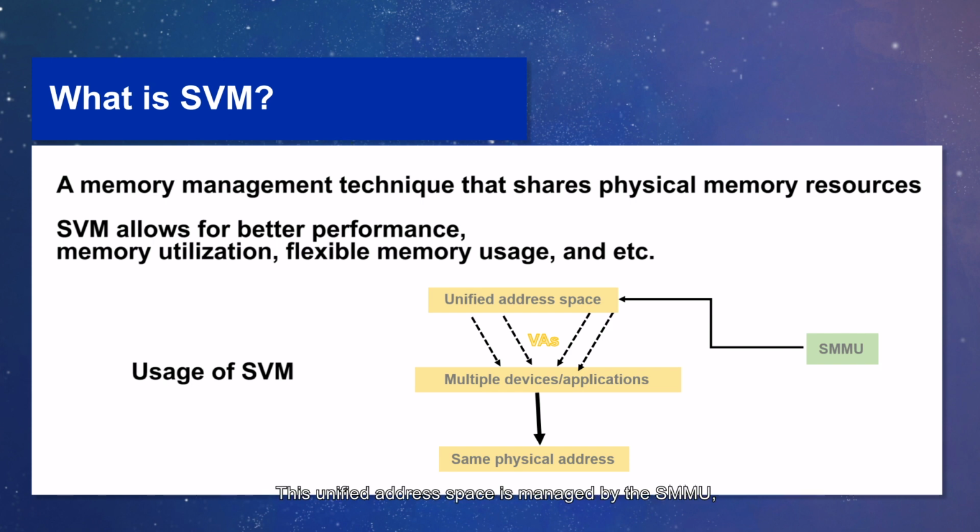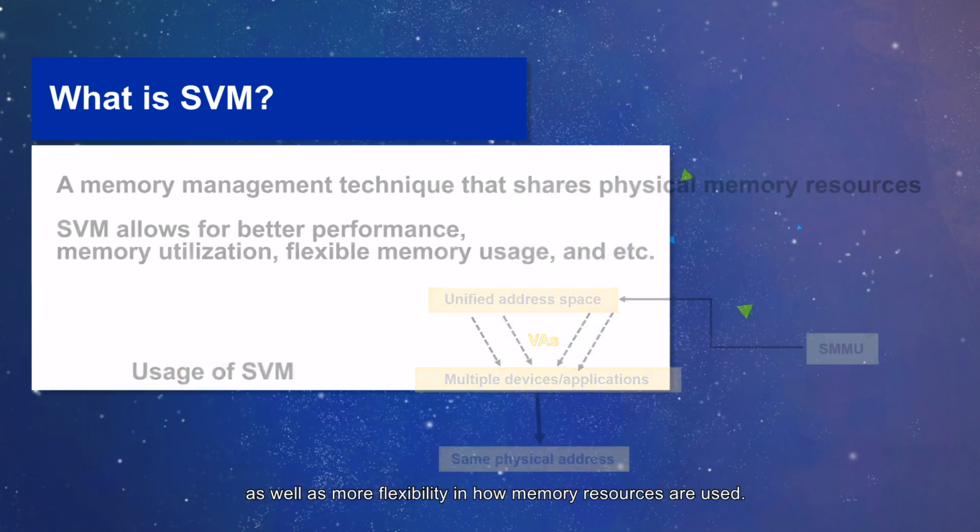This unified address space is managed by the SMMU, which is responsible for ensuring that the shared memory is used efficiently and that there are no collisions or conflicts between the virtual addresses. SVM allows for better performance and memory utilization, as well as more flexibility in how memory resources are used.